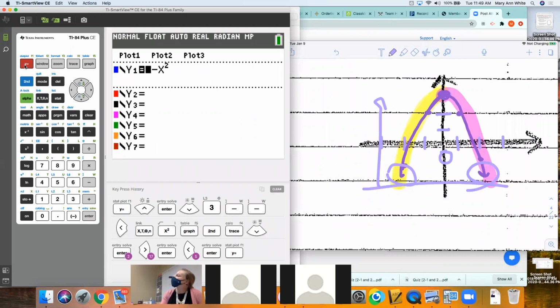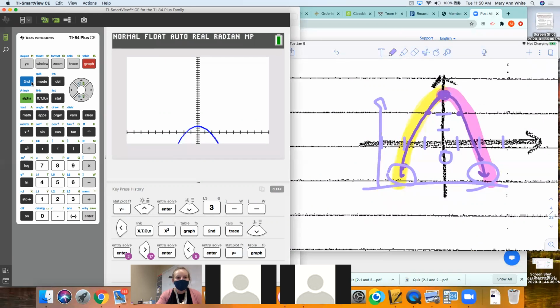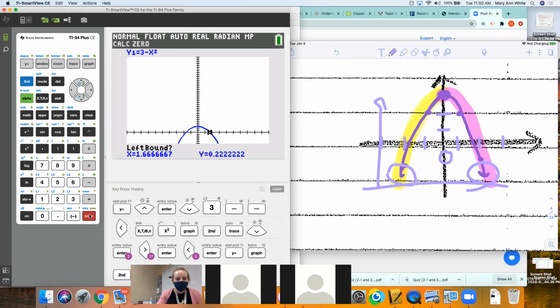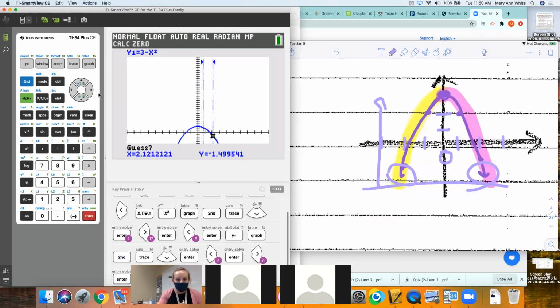So we're going to plug in 3 minus x squared in the graph. I'm going to do second trace, 0. Okay, I'm left bound of the positive one. And I'm now right bound of the positive one. And I found the positive 0 to be 1.73.